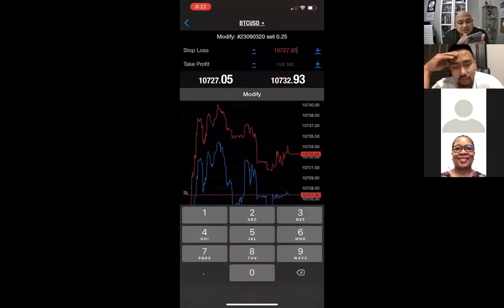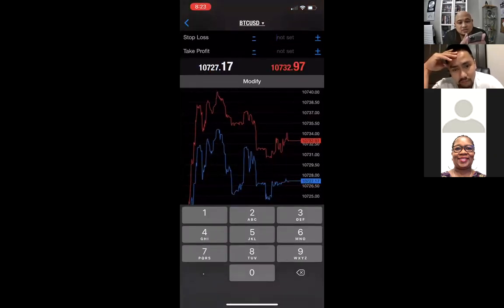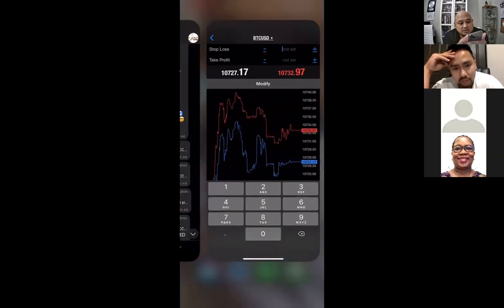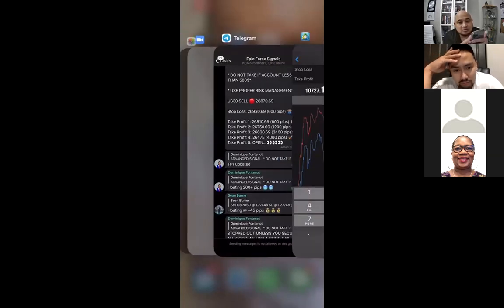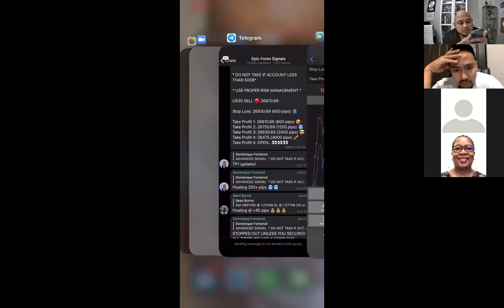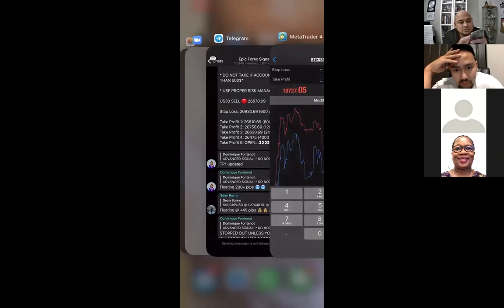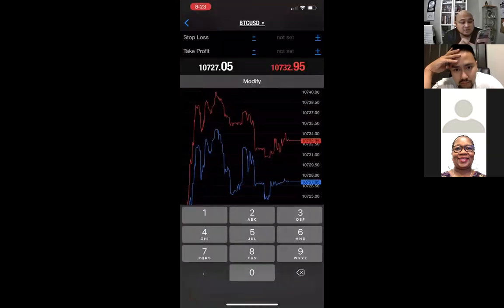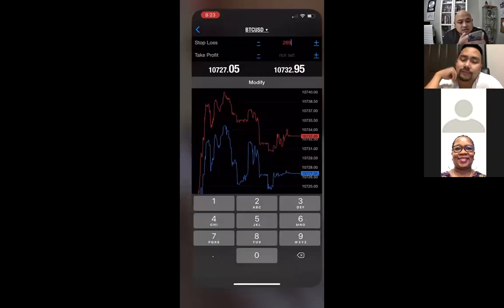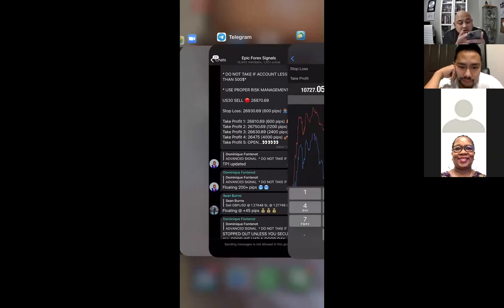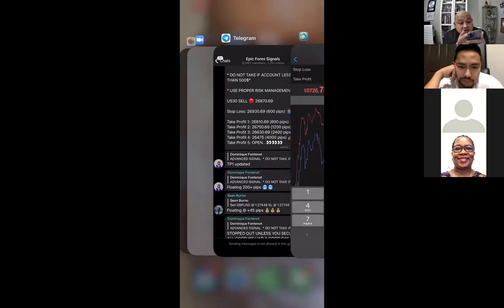I'm going to type in the stop loss right here, literally copying what it says. I got a little cheat way to do it. I'll open my screen and type in stop loss 26930.69. You have to make sure you get these numbers right, because this can cost you money, in a good way and a bad way.